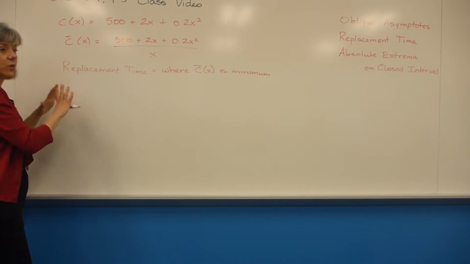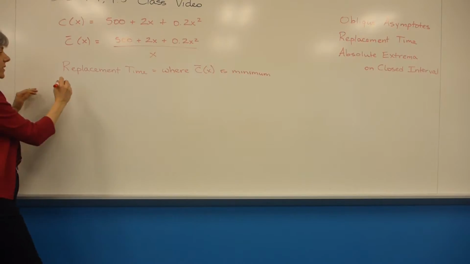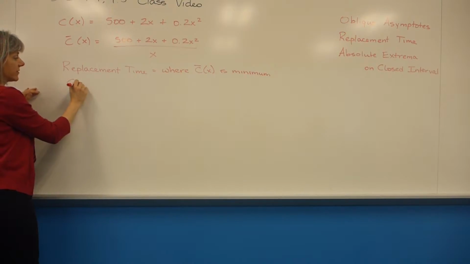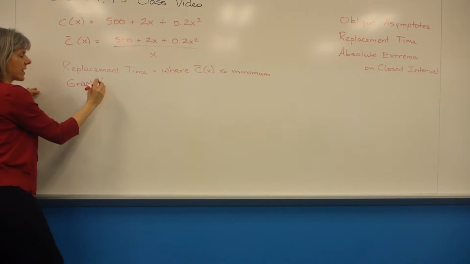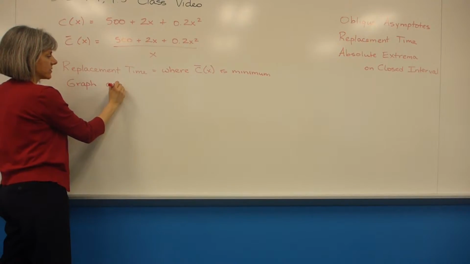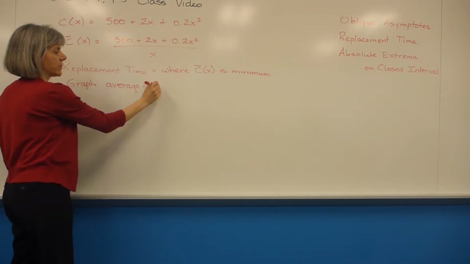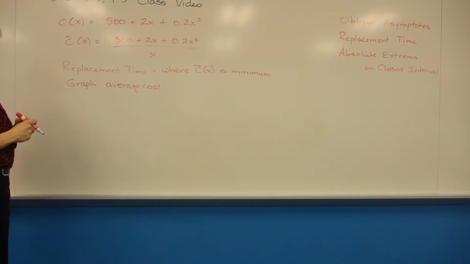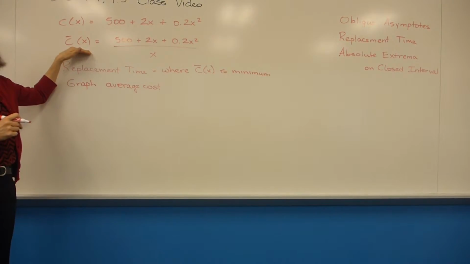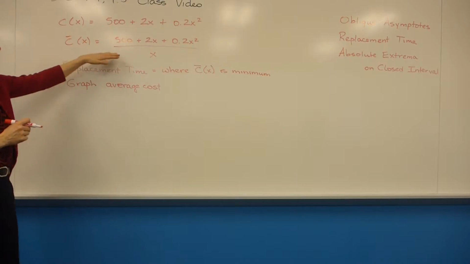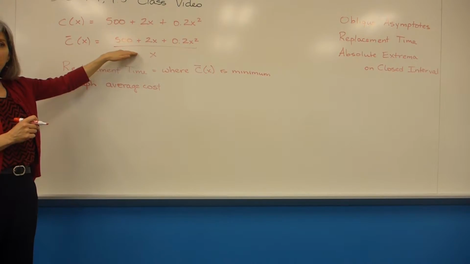Okay, so there are a couple of things we need to find. In this problem, it asks to graph the average cost function. Which one would that be? This one, yes, the one with the line over it. And we already determined that this has an oblique asymptote, right?